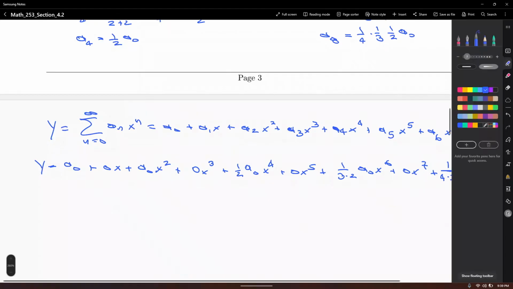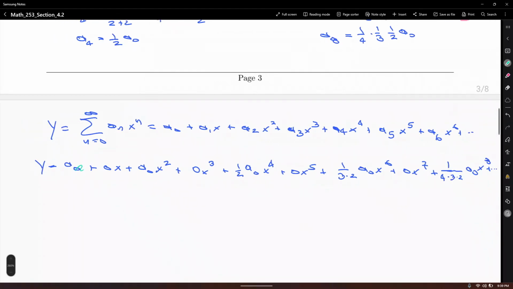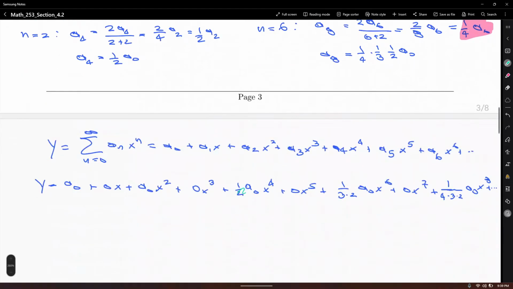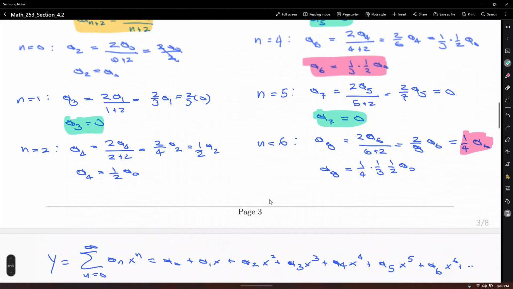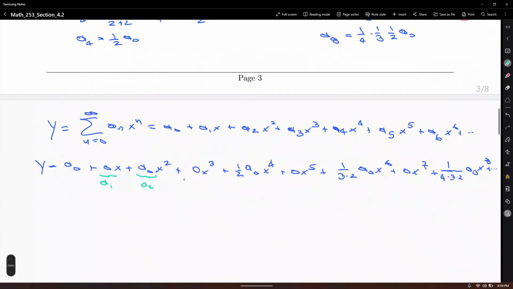And just to label what we had right here. So this is a sub 0, which is simply a sub 0. This is a sub 1, this is a sub 2, go back to a sub 2. Remember, a sub 3, that was one of the 0 ones.